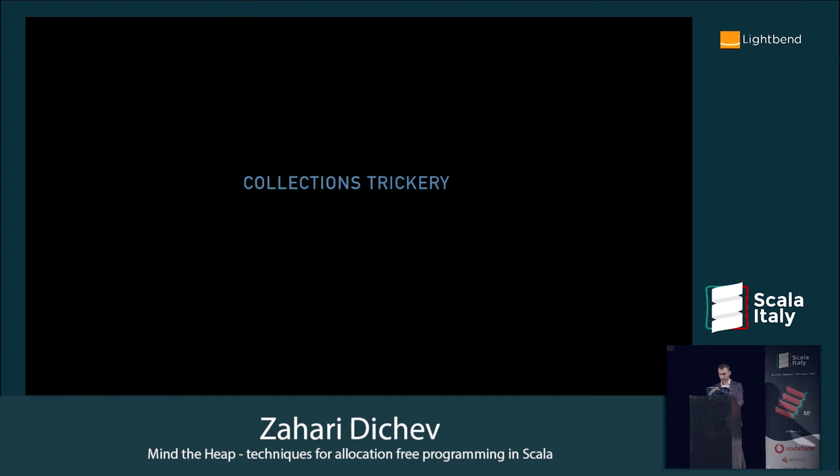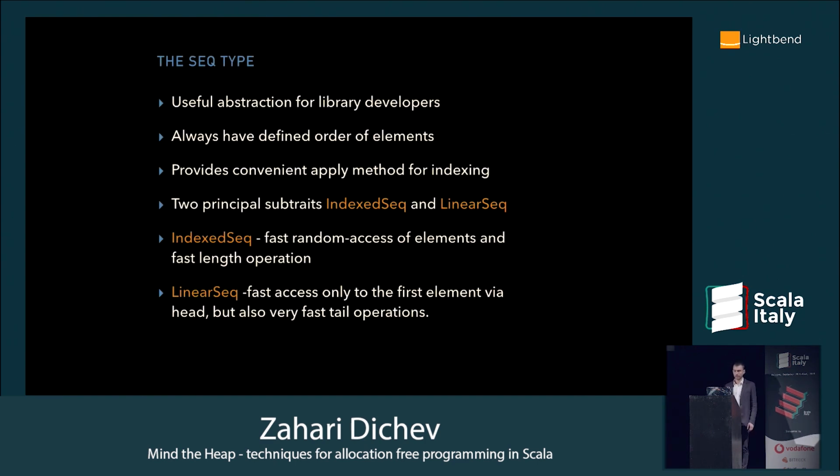So consider the Seq type, right? And this is a very useful abstraction for library developers because as a library developer, you can define your methods or objects to receive a Seq, and you can pass a lot of things in there. And these Seqs always have a defined order of elements, provide very convenient apply methods for indexing, have subtraits like IndexedSeq and LinearSeq that provide you with different characteristics around the runtime behavior of these objects.